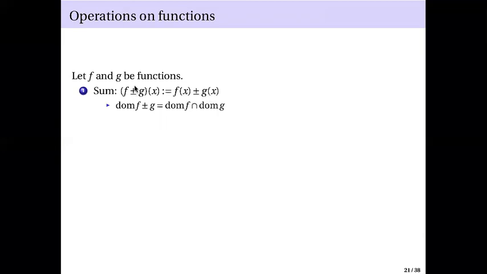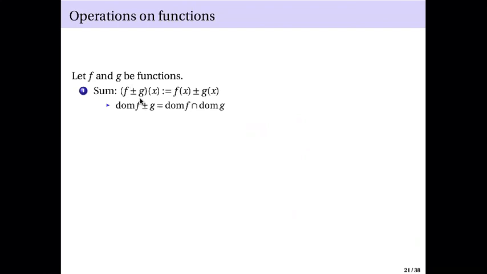So the function f plus g, or the function f minus g, with variable x, is just the function that is obtained when you add or subtract the function f of x and g of x.